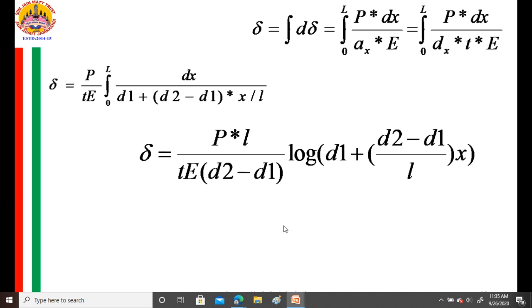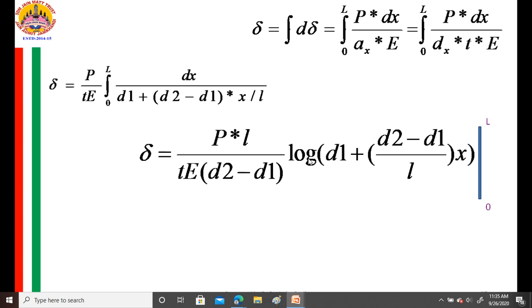Therefore, your value will become like this. We need to substitute the limits. Limit is 0 to L. Carefully observe this one. This term stays as it is, as a constant. Now I need to go for the integrals. When I substitute the upper limit, x equal to L, this L and this L will cancel.